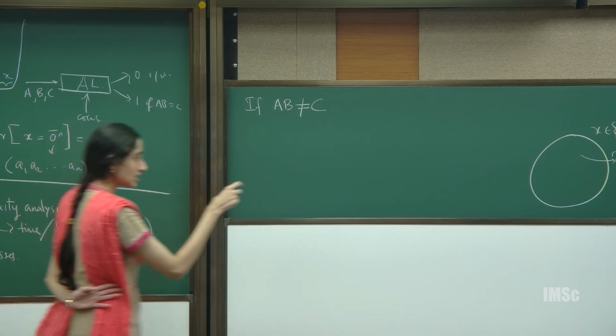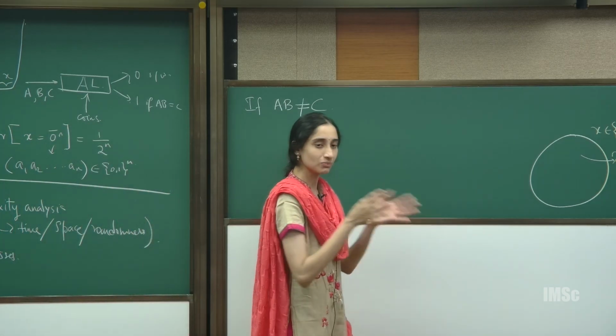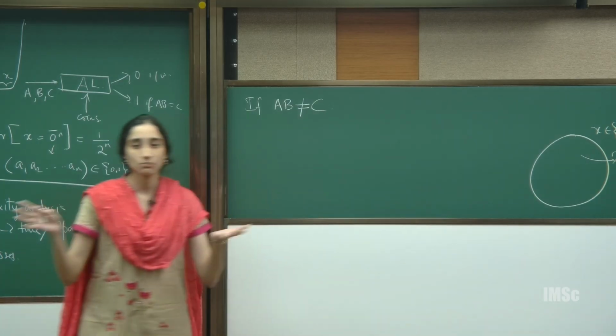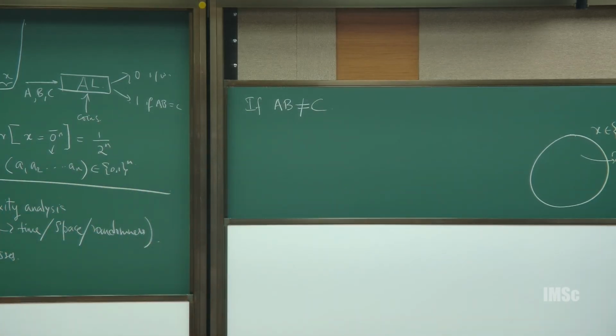But if the bad x's are very small, then when you pick something at random, it is very unlikely that you will hit the bad things. If there is a box that has all blue balls, but only 2 of them are red, and you draw uniformly at random, it's very unlikely that only those 2 will come. There is a non-trivial probability with which it can come, but it is not high. It's just 2 of the 1000 balls which can be blue or red.